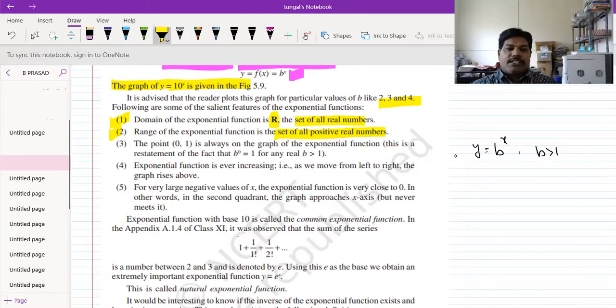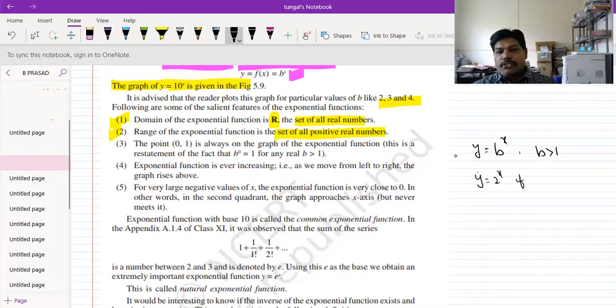And also you can understand that the point (0, 1) is always on the graph of the exponential function. What is the meaning of that? For example, y is equal to 2 power x.